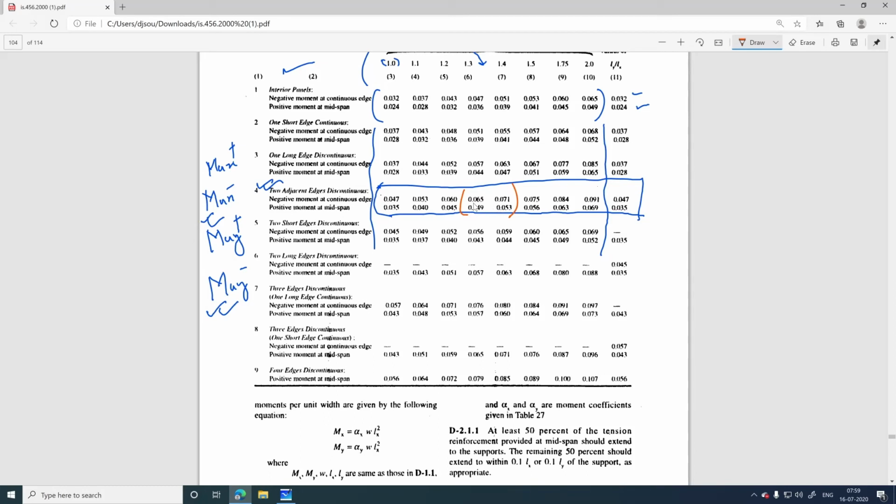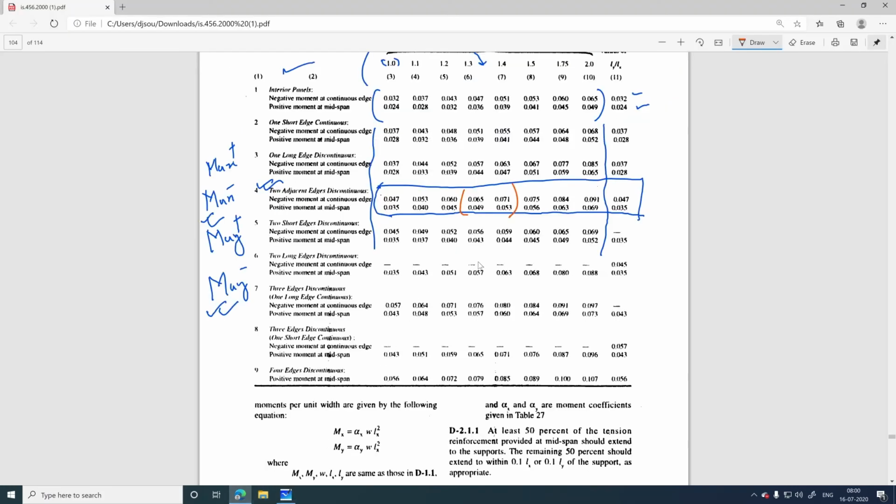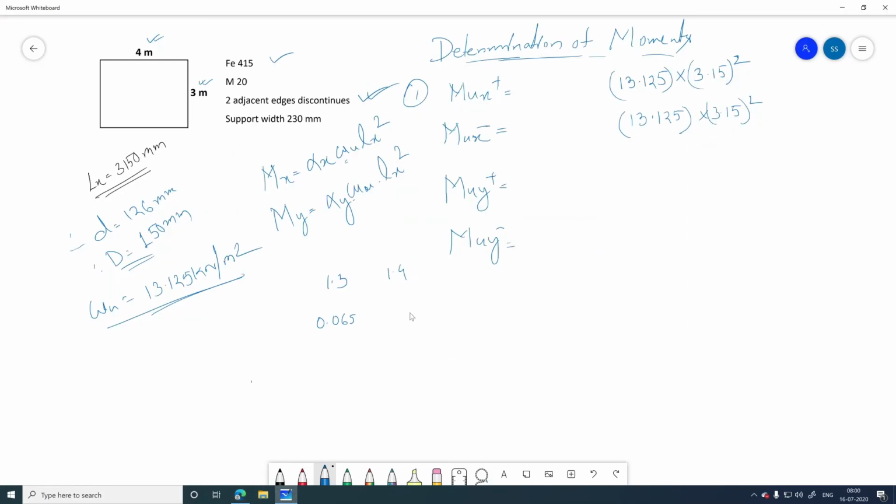So let's take the first one, that means for the negative moment. For ratio 1.3 the value is 0.065, for the ratio 1.4 it is 0.071, right? So we need to determine a value between these, that is 1.33.